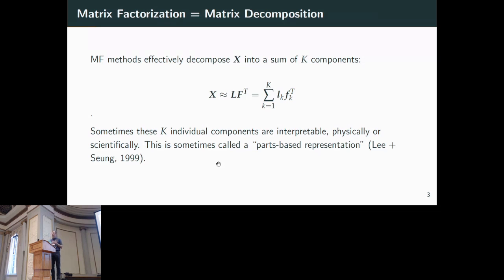What they mean by a parts-based representation is a matrix factorization method where each part corresponds to something you can interpret. So my goal is to develop matrix factorization methods that produce parts-based representations. That is, they produce a decomposition of your data into a small, capital K number of parts, each of which has some kind of scientific interpretation that tells you something, ideally.